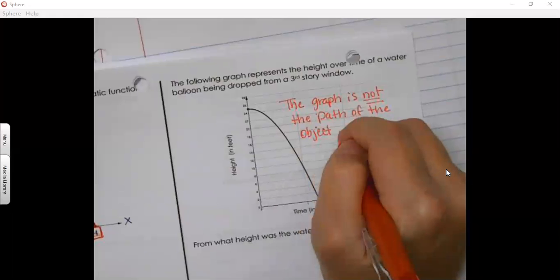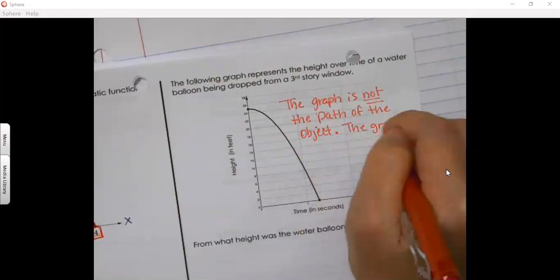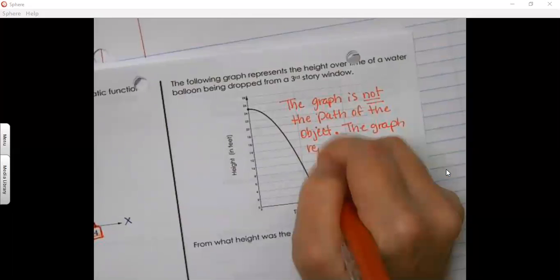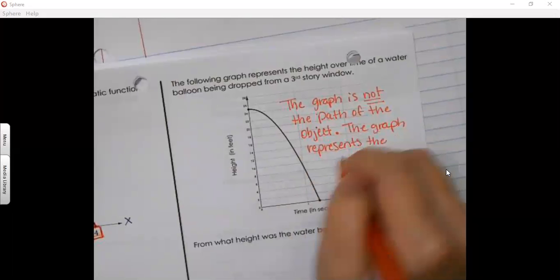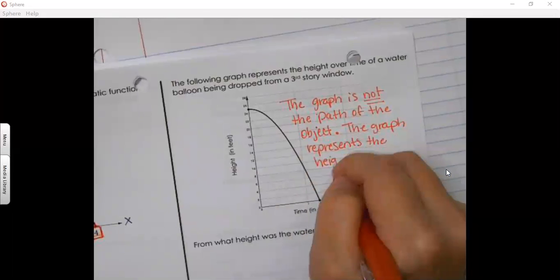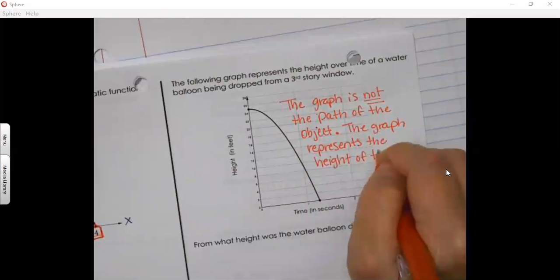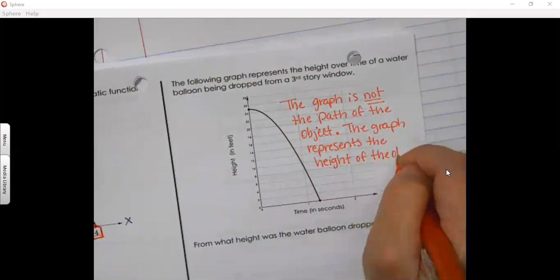The graph represents the height of the object over time.